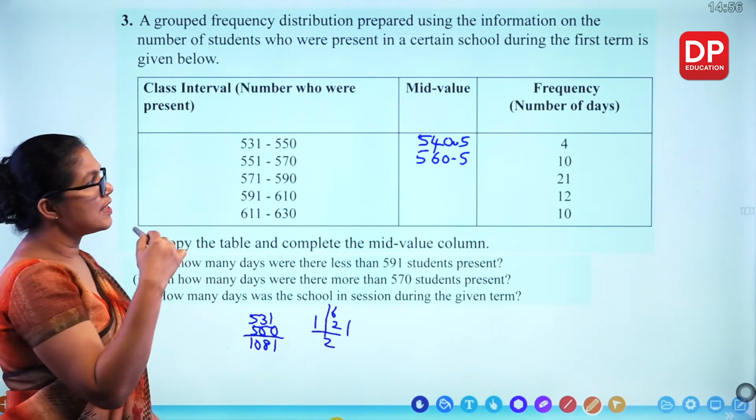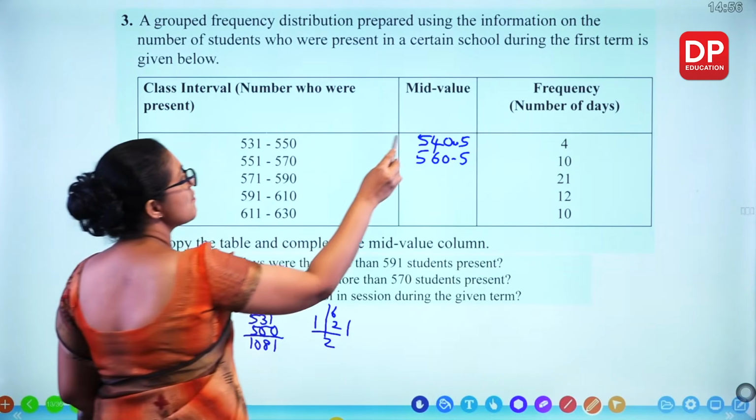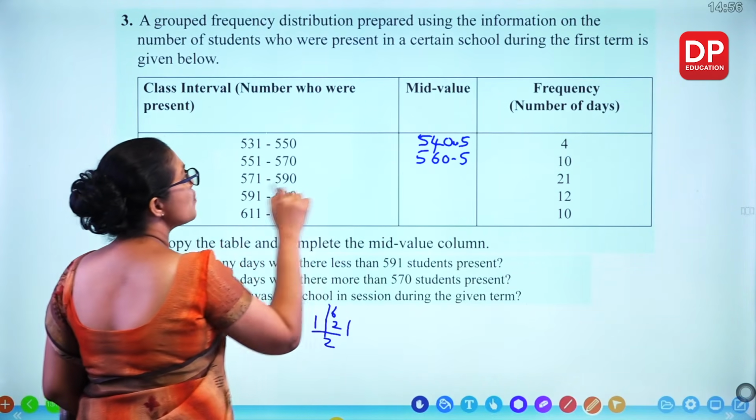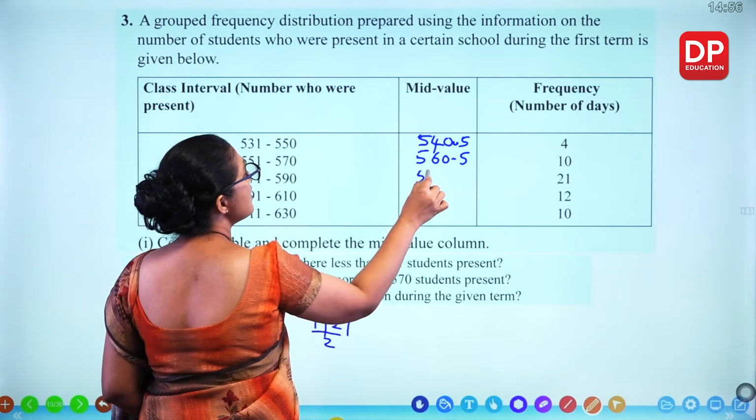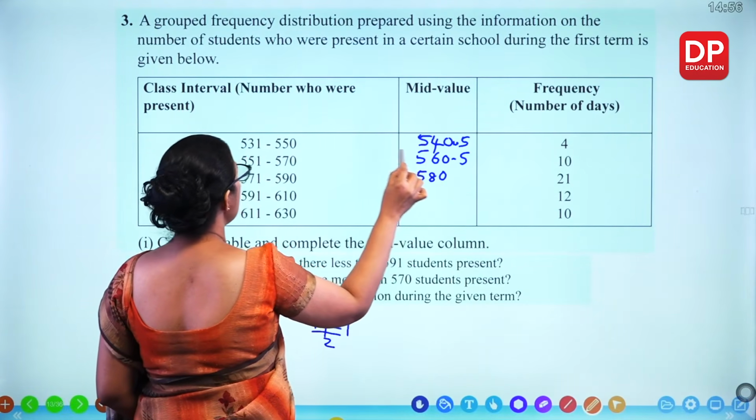Then can you see the pattern? If this is 540, this is 560. So add 20 to that. 580.5.